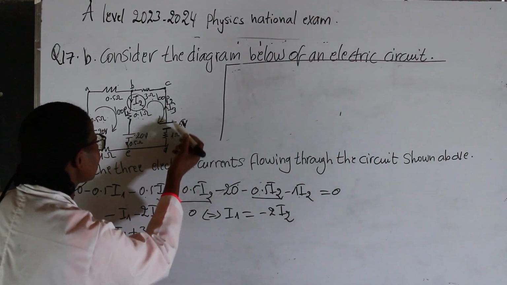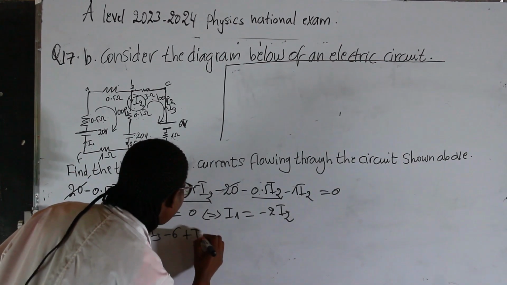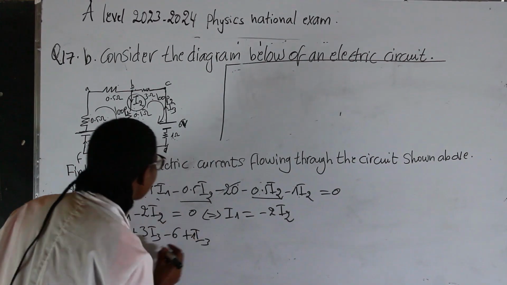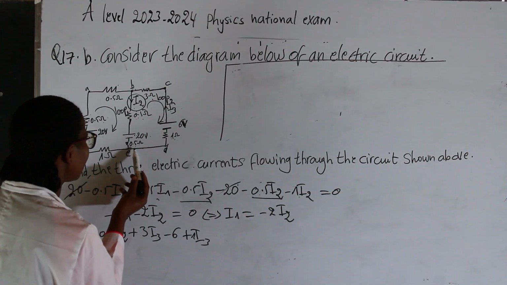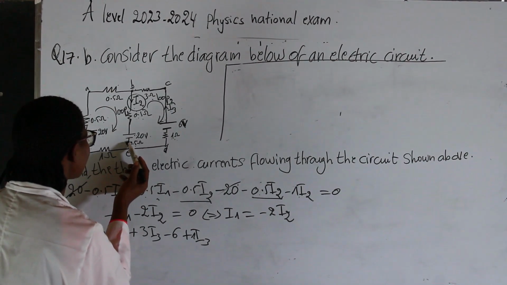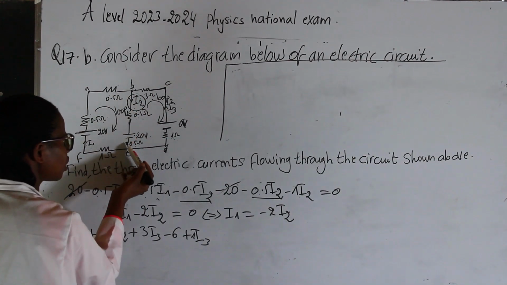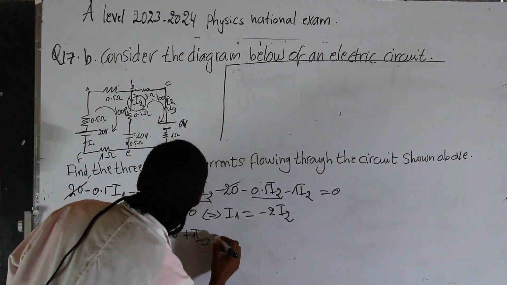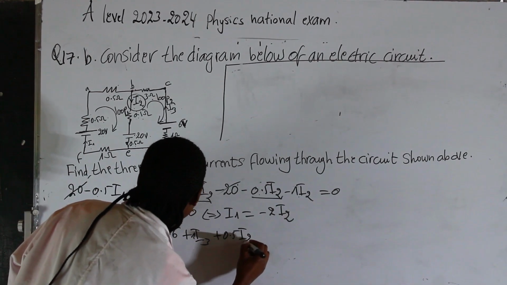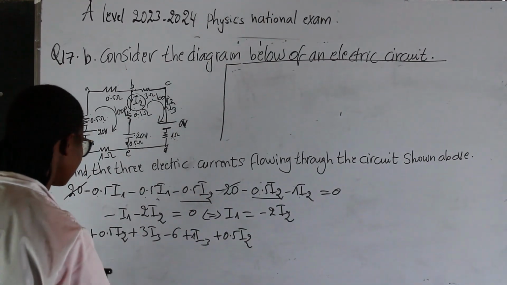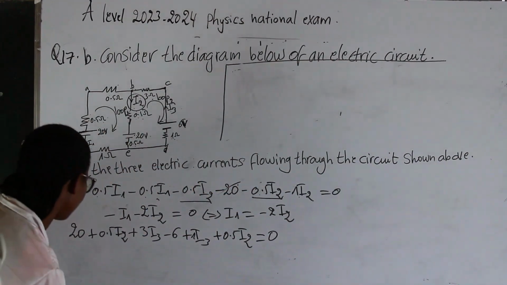Then the current passing is I3, so plus 1 I3. Then the current in this resistance is I2, so plus 0.5 I2. This should be equal to 0 according to Kirchhoff's law.